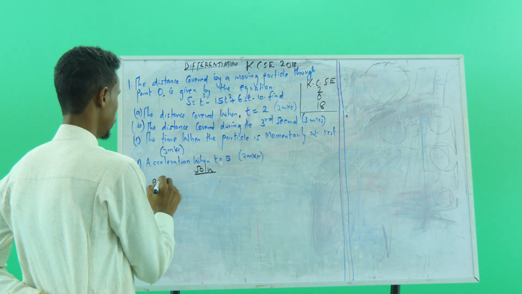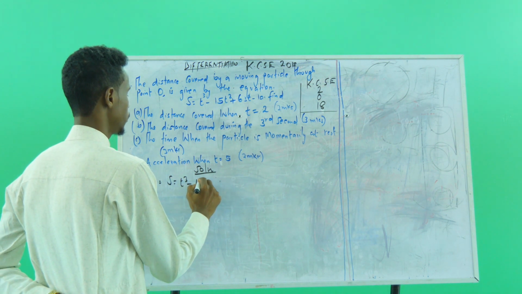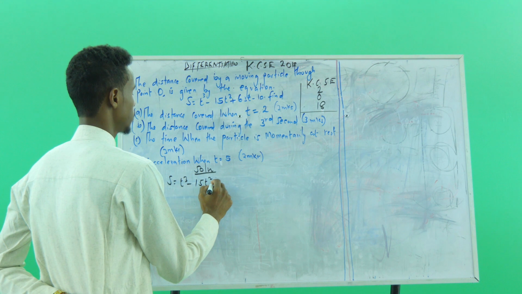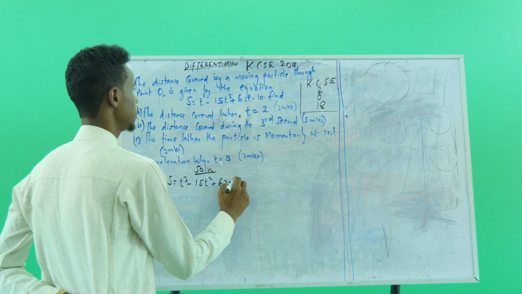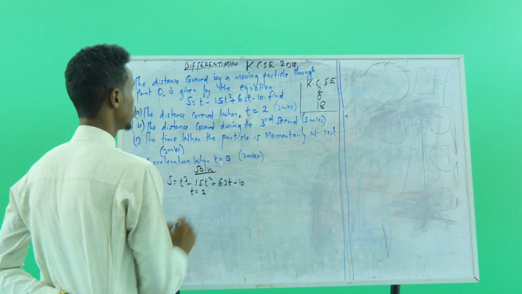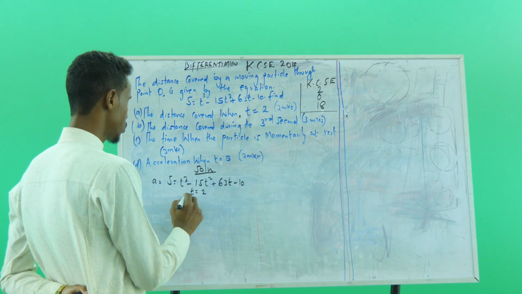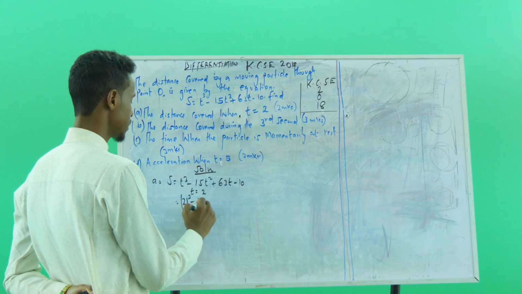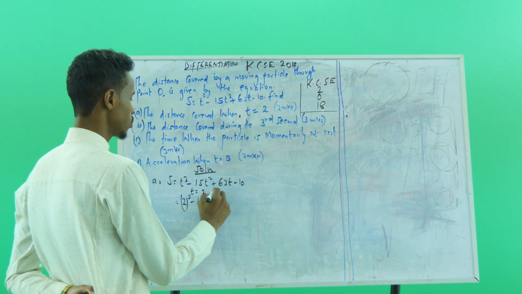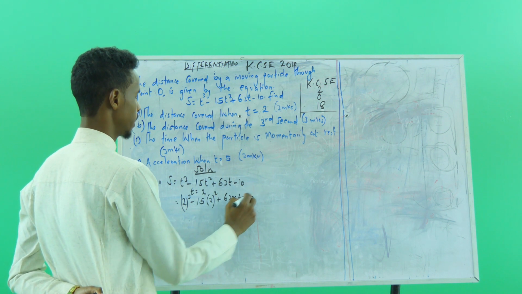S is equal to t cubed minus 15 t squared plus 63 t minus 10. Now t is equal to 2. Let's insert that t. Now it will be 2 cubed minus 15 times 2 squared plus 63 times 2 minus 10.